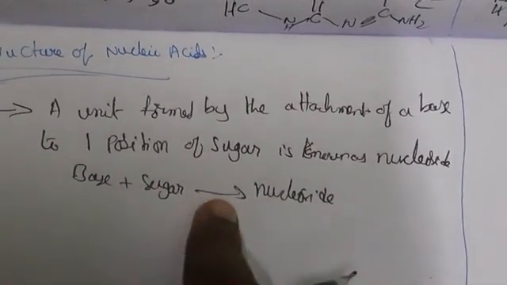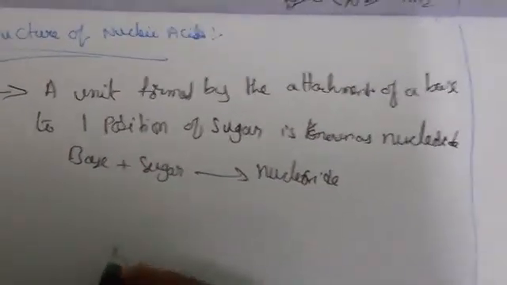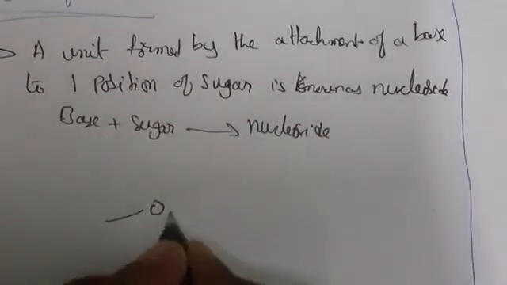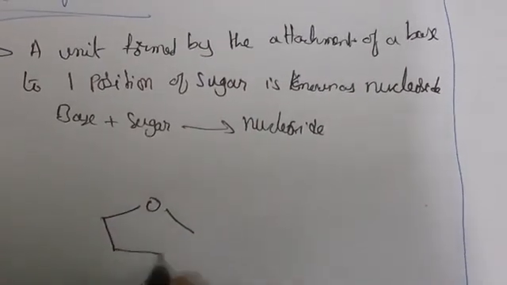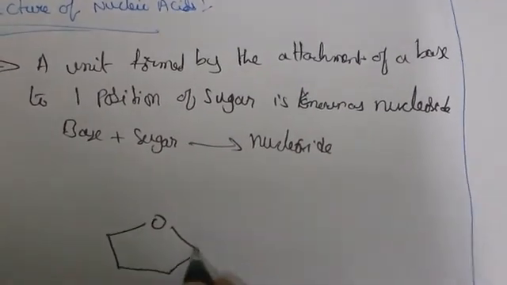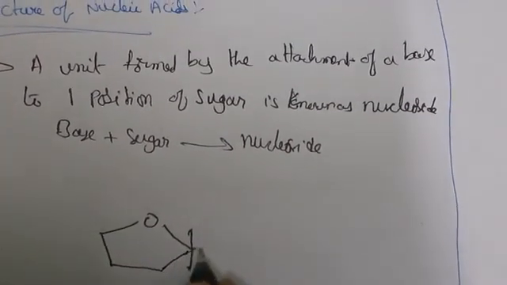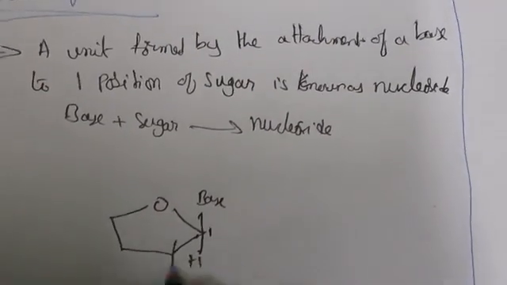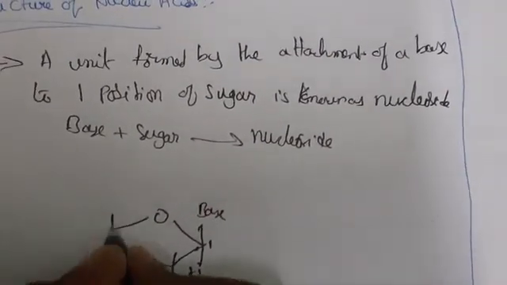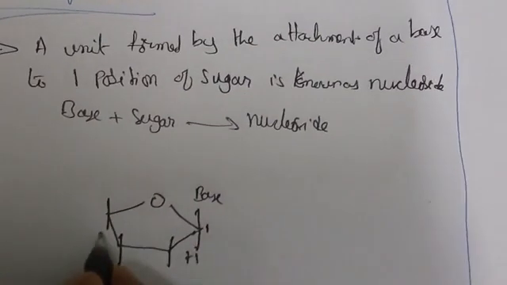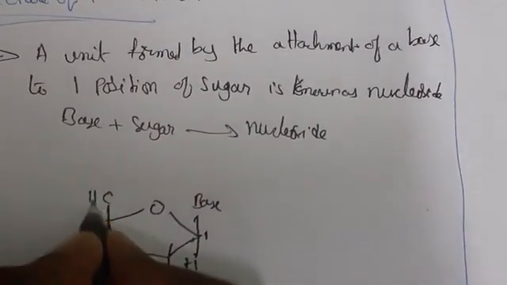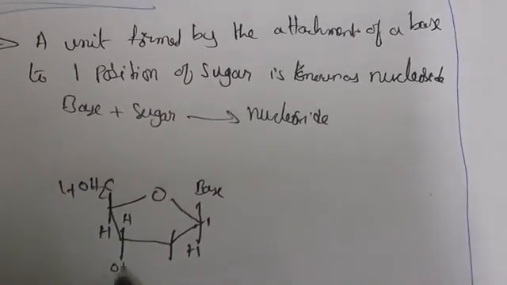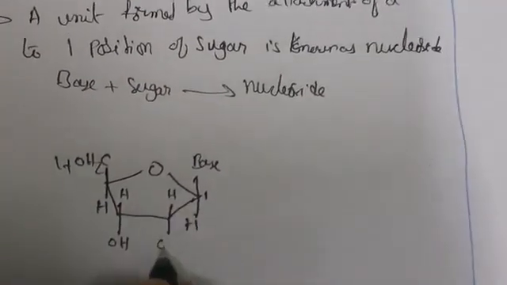What is the structure of this? If you take the furanose structure, here is the first position. This is the base, hydrogen, CH2OH, and OH groups.